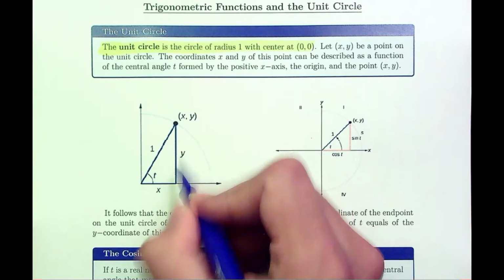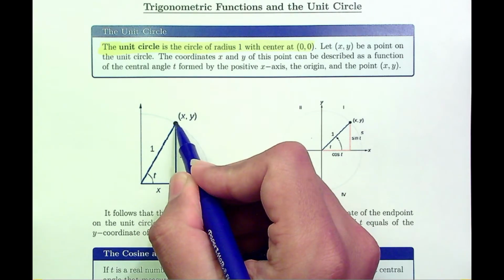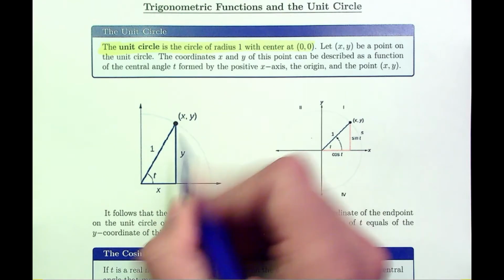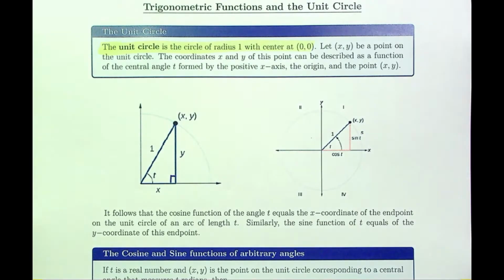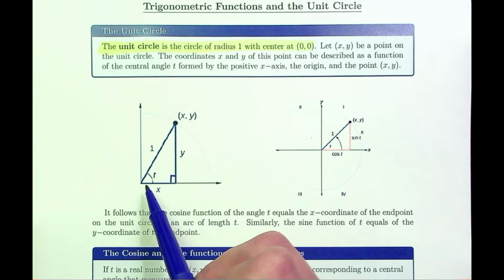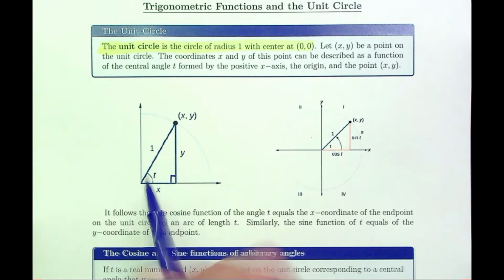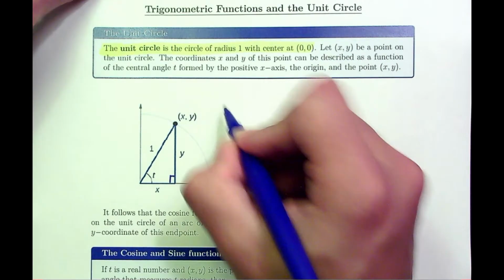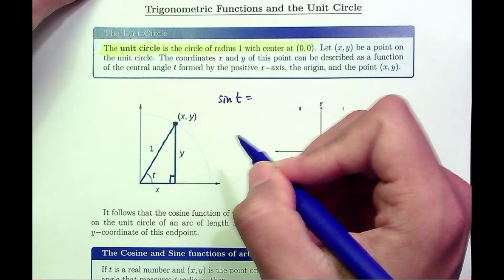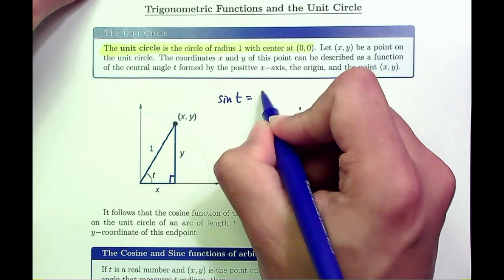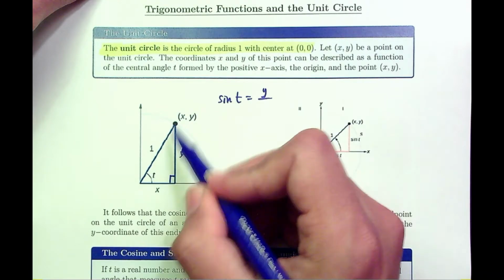Well, if you draw this perpendicular, the vertical segment going from the point (x, y) to the x-axis, and then use SOHCAHTOA, what do you get? You're going to get sine of t equals opposite, which is y, over the hypotenuse.